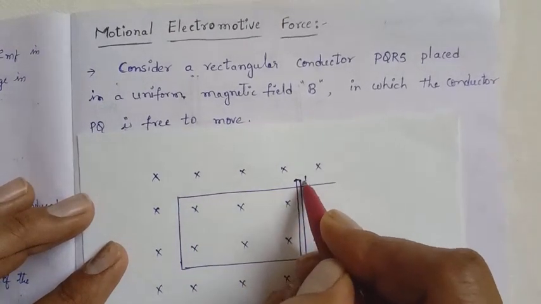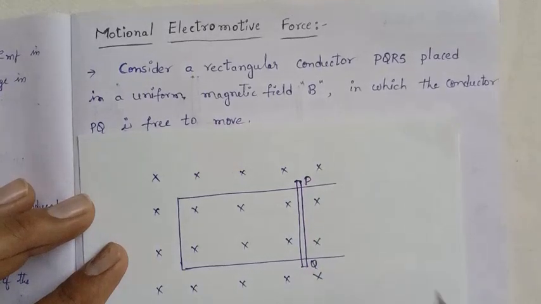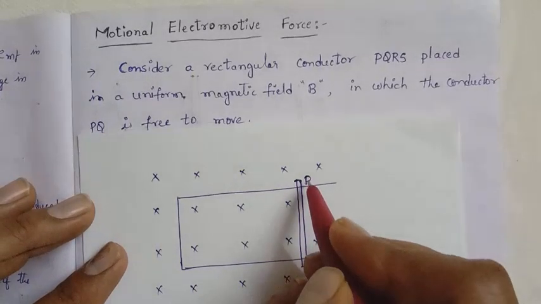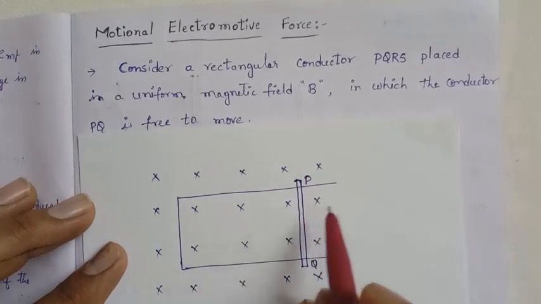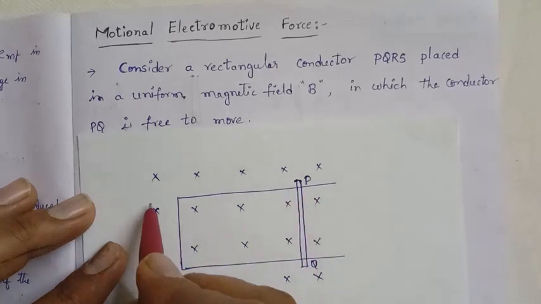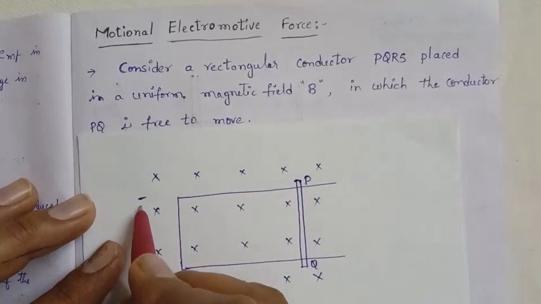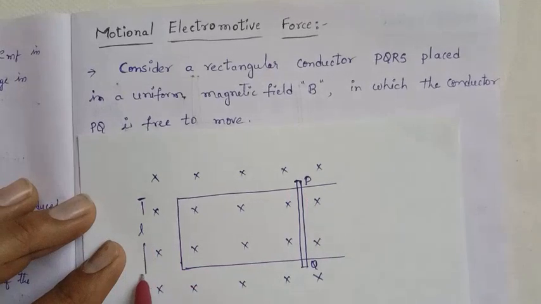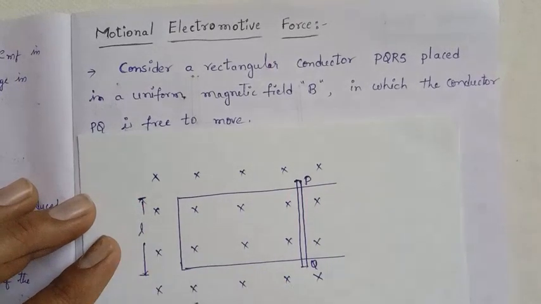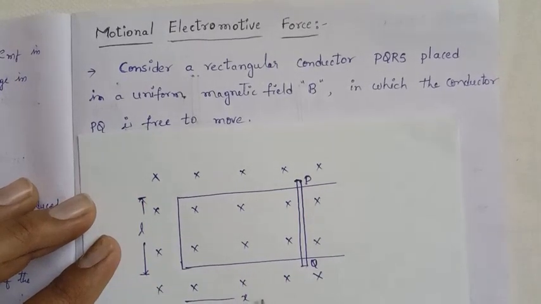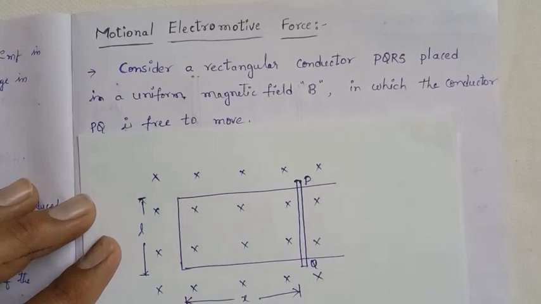This rod is free to move. The length is here, and the moving distance, here it is x, you have to take.